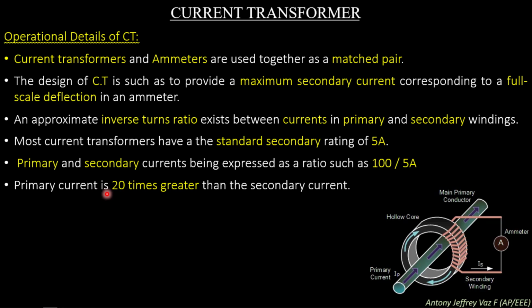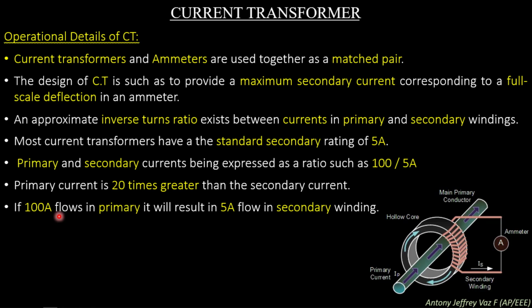Primary current is 20 times greater than the secondary current in this case. If 100 amperes flows in the primary, it will result in 5 amperes flowing in the secondary winding.